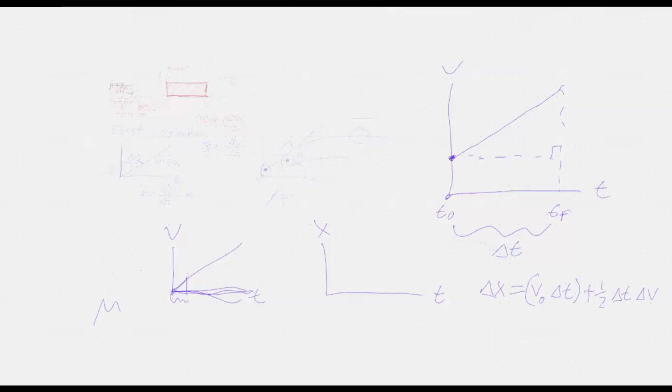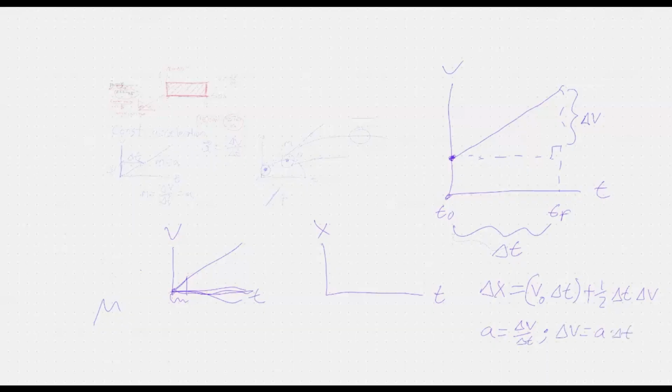So this is delta V. But I also know the definition of acceleration is delta V over delta T, meaning delta V is equal to a times delta T. So I could put that there.